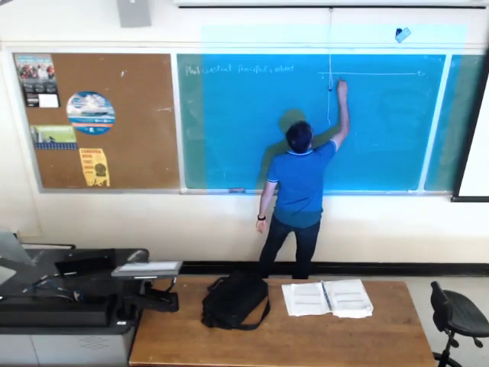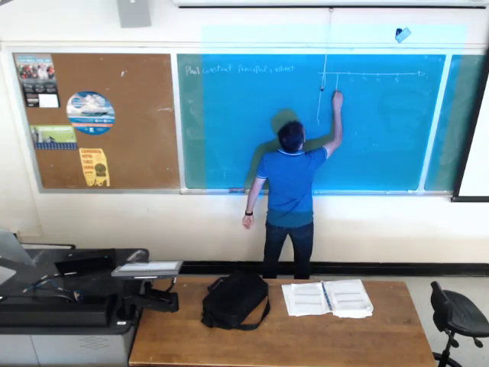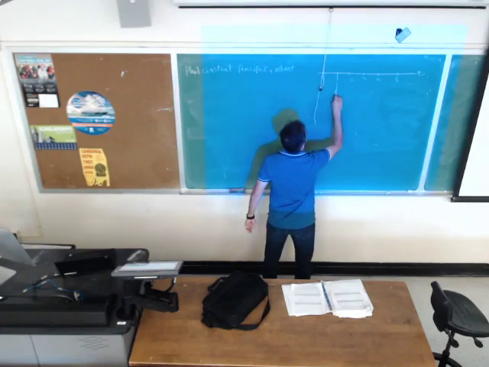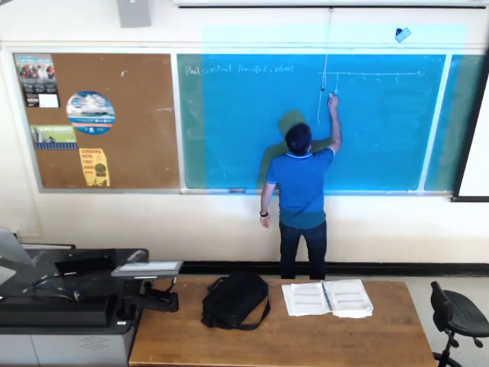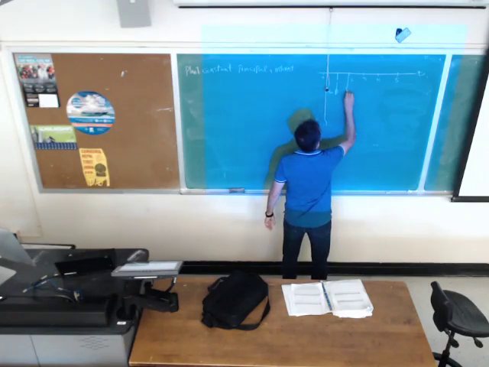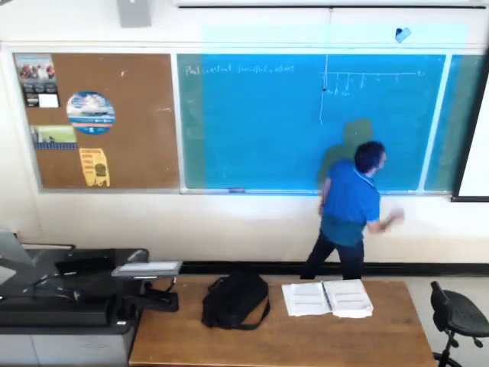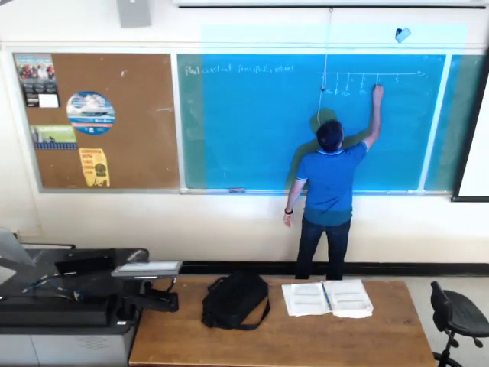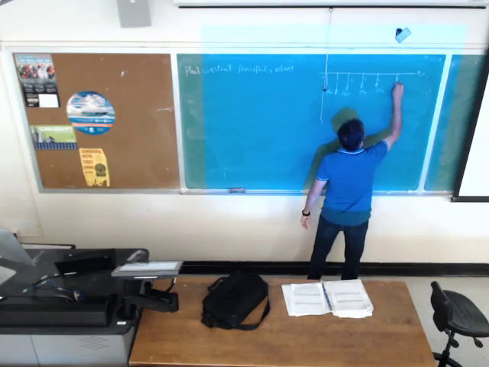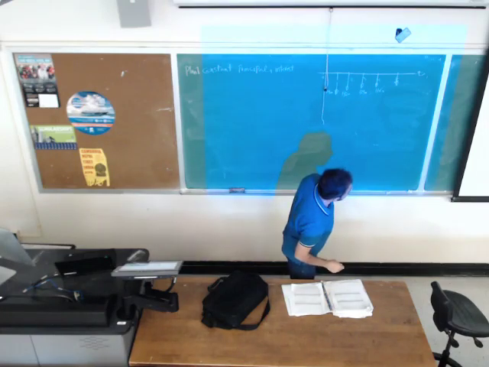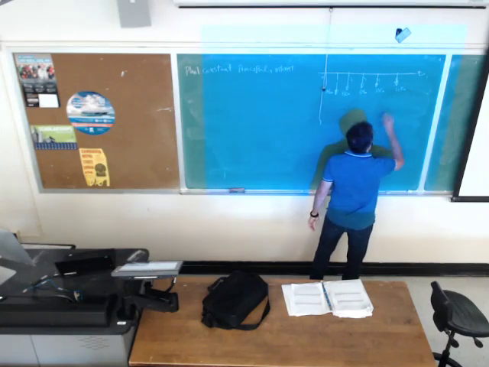So if I want to draw this, it's going to be 1,400, 1,320, 1,240, 1,160, and last year at the end of fifth year, 1,080, sorry.